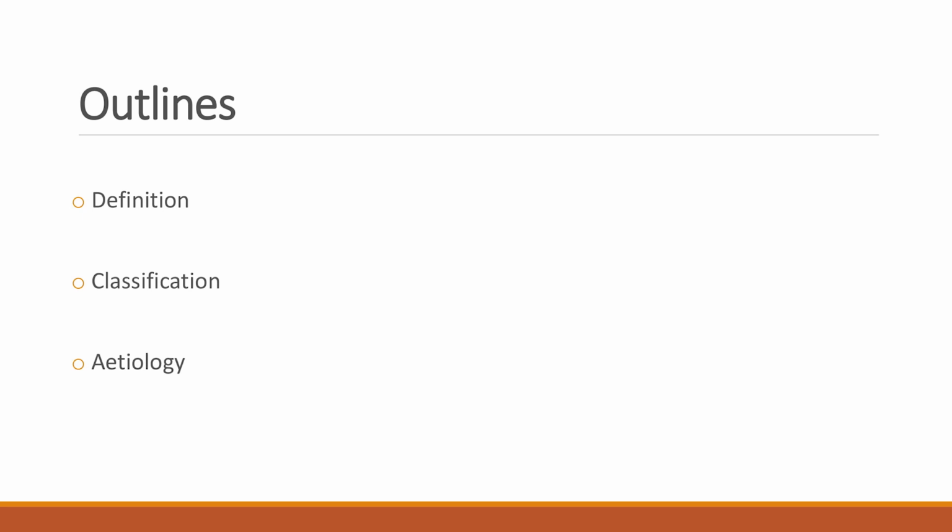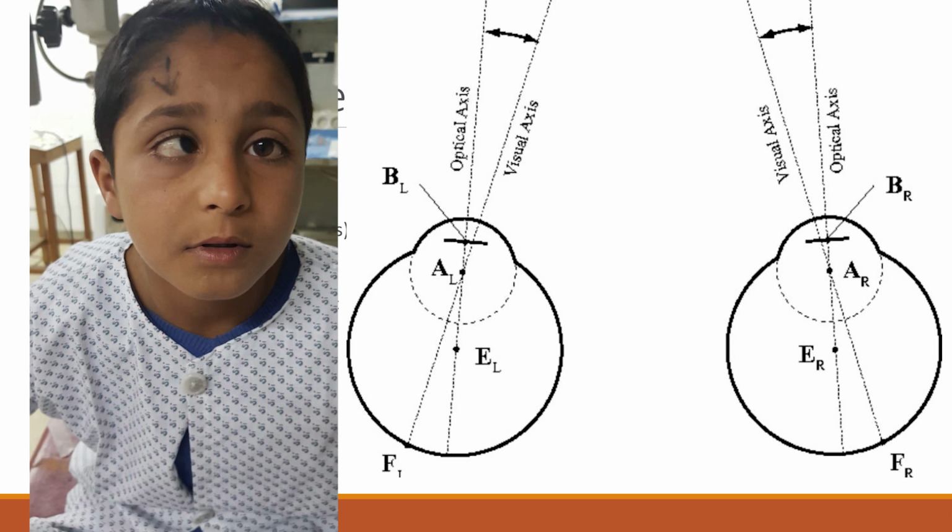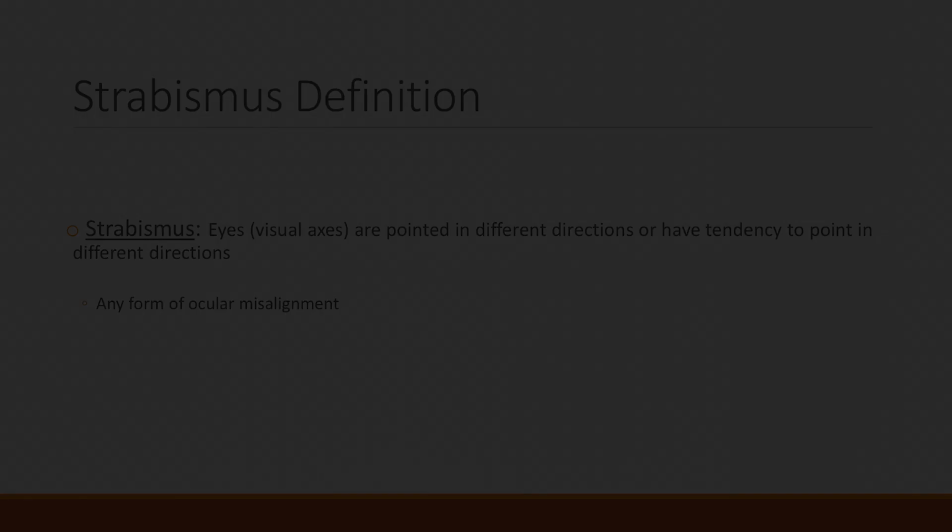For the detailed examination or investigation of a patient with strabismus, we have to know a few baseline terminologies. Strabismus is a misalignment of the visual axis of both eyes. The two eyes are not working together.